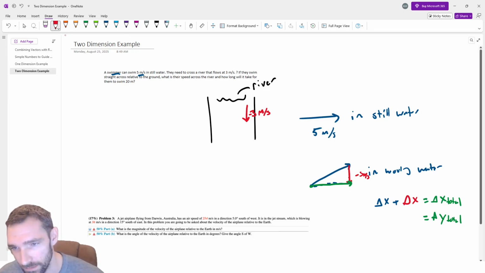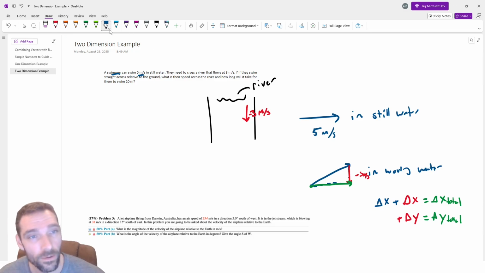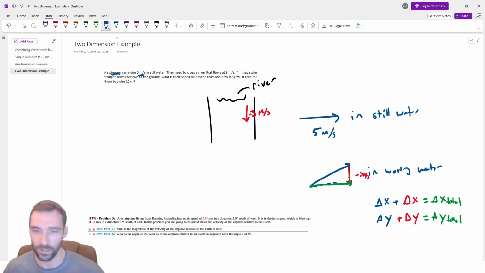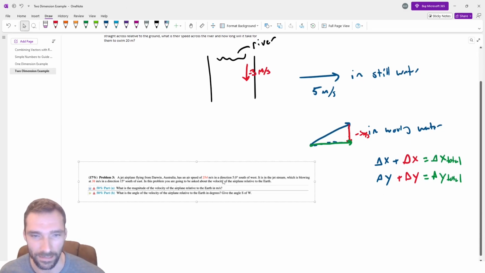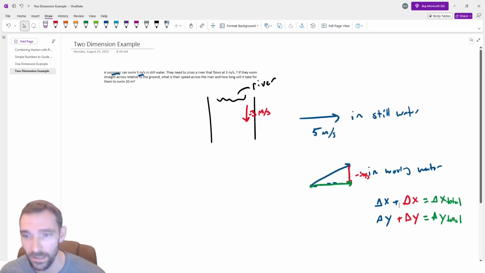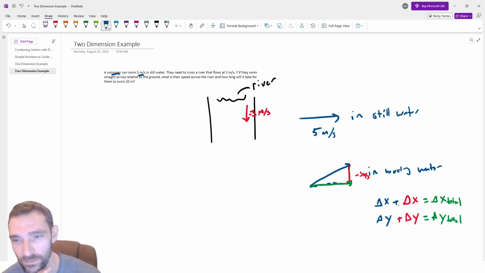Now, luckily for us in this first problem, there is only one of these where both components are really being added in one of the axes. So there isn't really a change in the x here for this problem, so that's going to be 0.